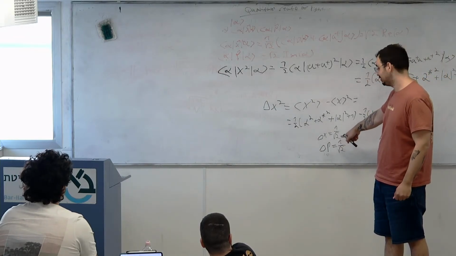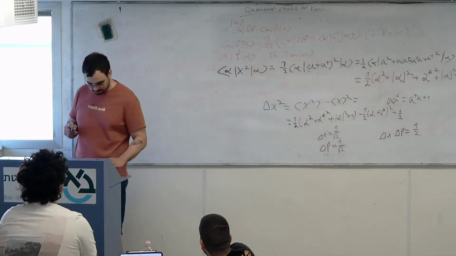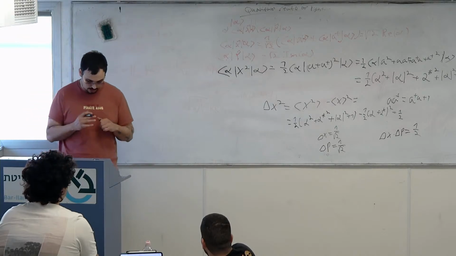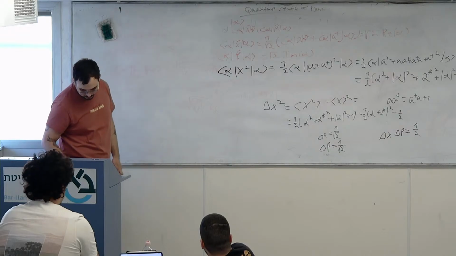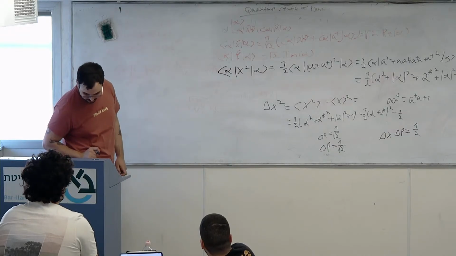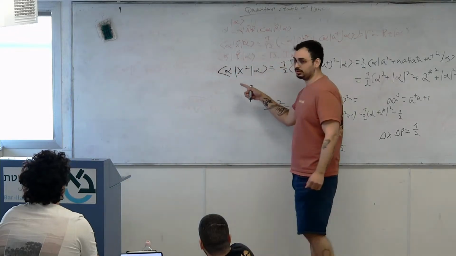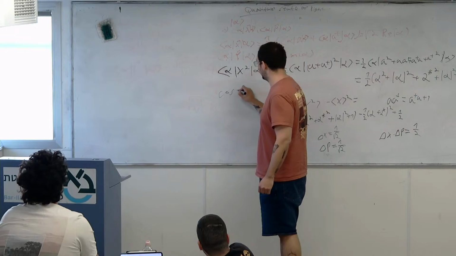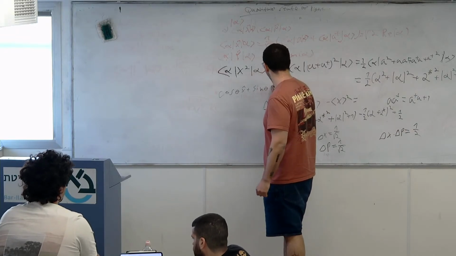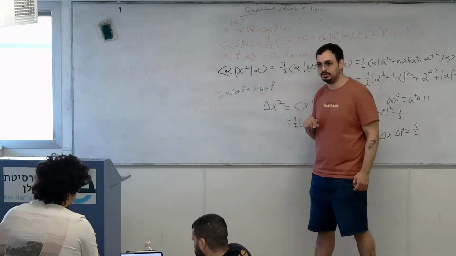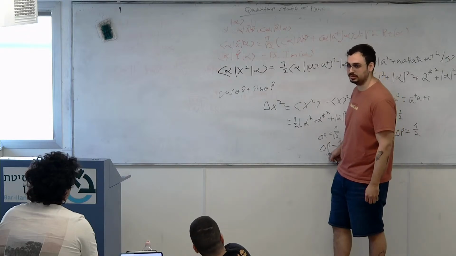1 over the square root of 2. No matter what. So that means if I want to write, I'm also going to skip the next part of the question because I don't want to do the math, but you believe me, if I take some quadratures in between, for example, cosine theta x plus sine theta p, write something in between, the uncertainty, you will trust me, will also be 1 over square root of 2.